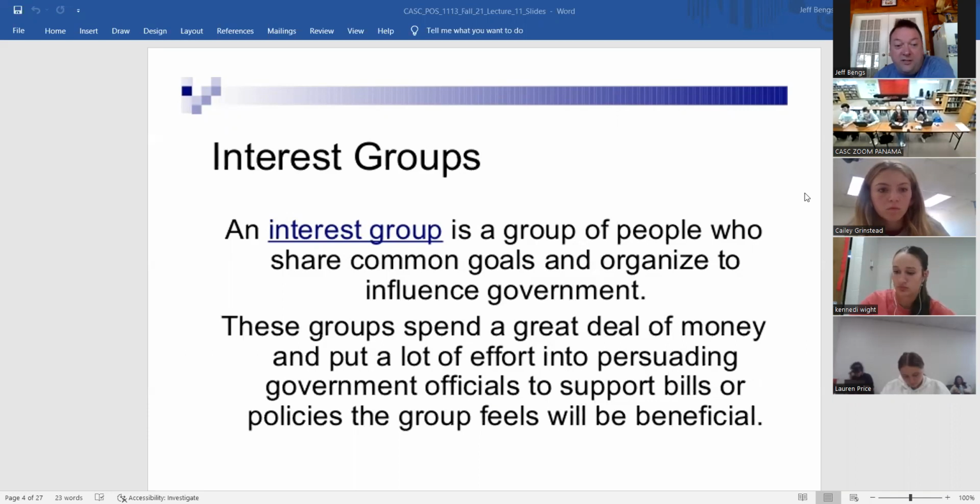But an interest group is another linkage institution like a political party that, in line with its name, links citizens to the practice of governing.